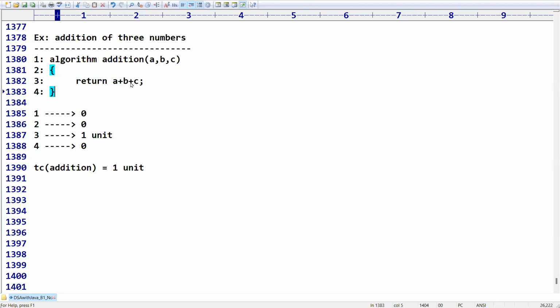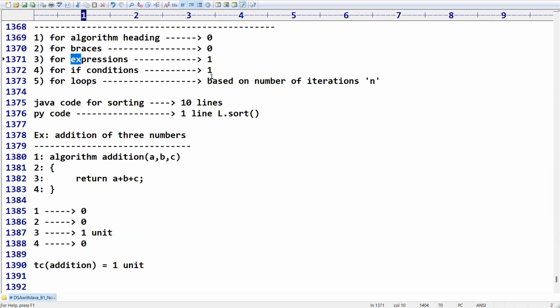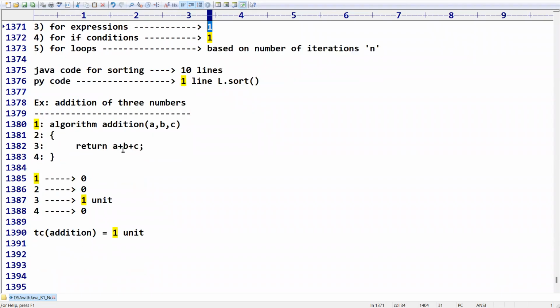Sir, don't think that because it has 3 variables it takes 3 units. No, you can take n number of variables, but this instruction, this expression, will take 1 unit, because in the rule I told you an expression takes how much time? 1 unit of time.